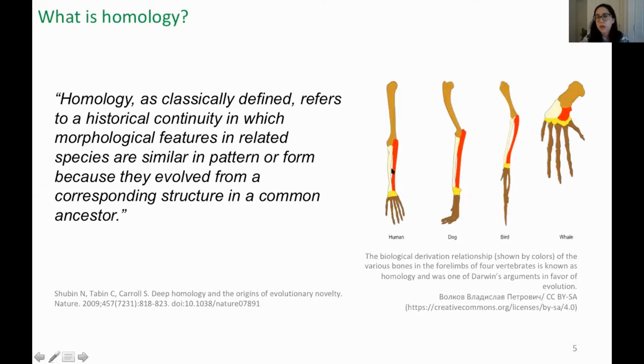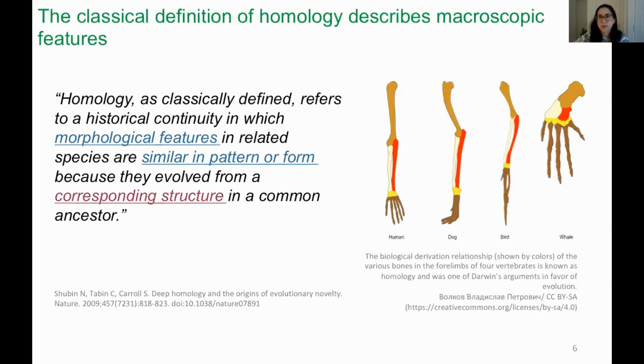And these bones are colored according to their correspondence in different species. So from this example, we learn that the classical definition of homology describes macroscopic features. And we also learn that these macroscopic features can have similar patterns or similar forms. And we learn also that we need to compare corresponding structures.